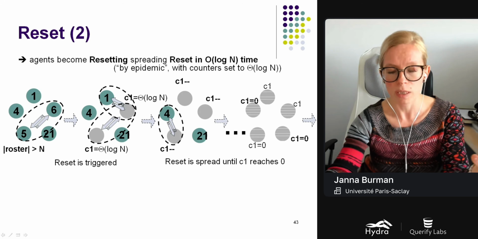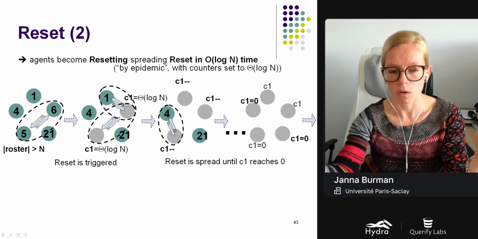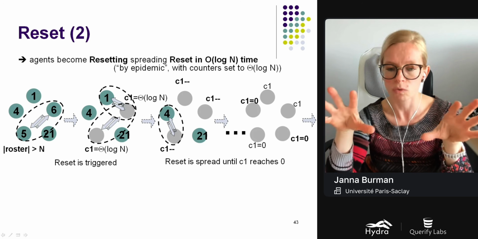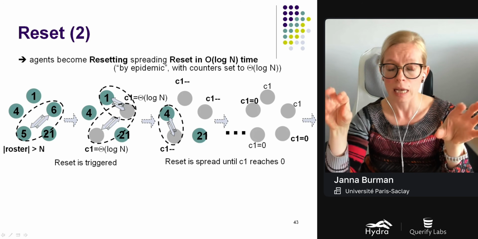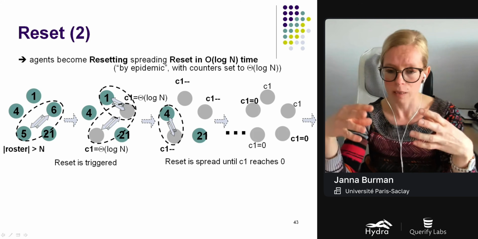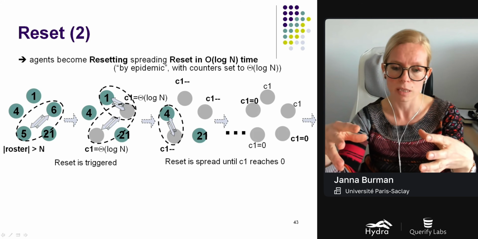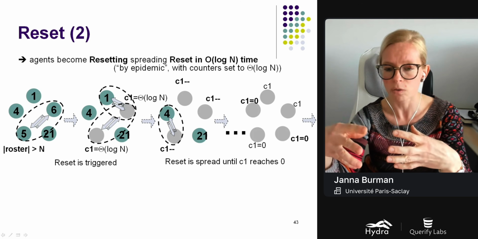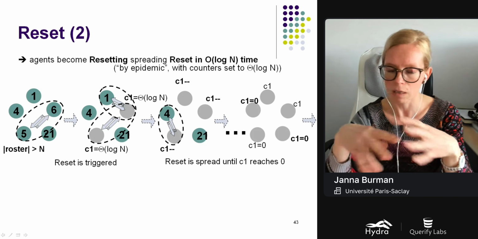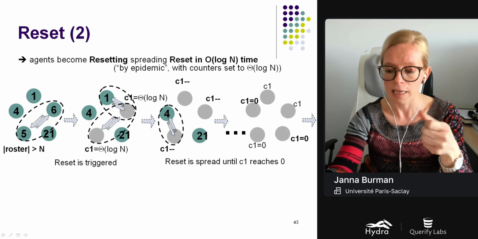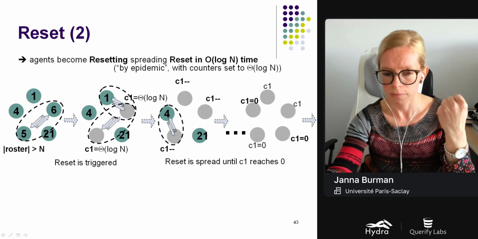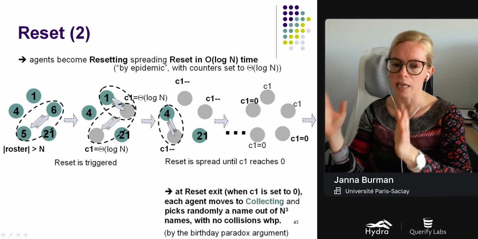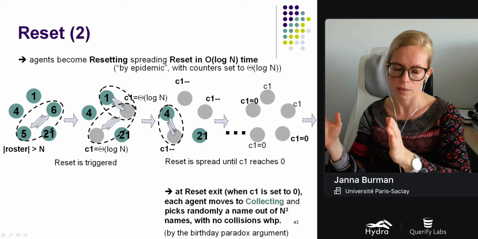And we can show that in logarithmic time, all these counters will become 0 and all the agents will move to the resetting state. When the counter of an agent in a resetting state becomes 0, the agent moves to collecting. When it moves to collecting, it removes everything from its roster and picks a new name from this set of n^3 names.